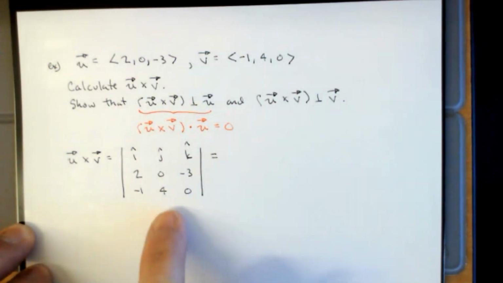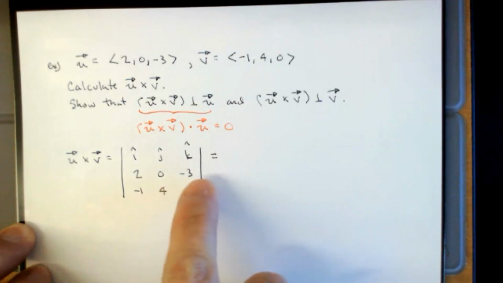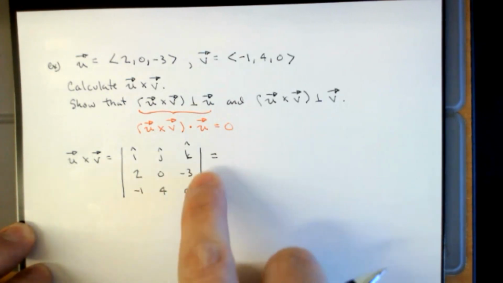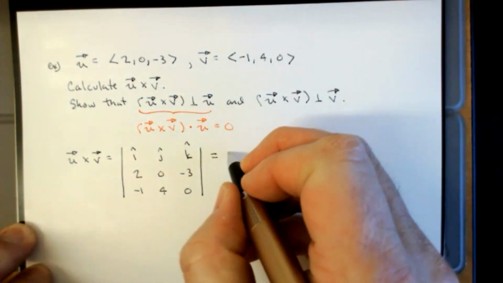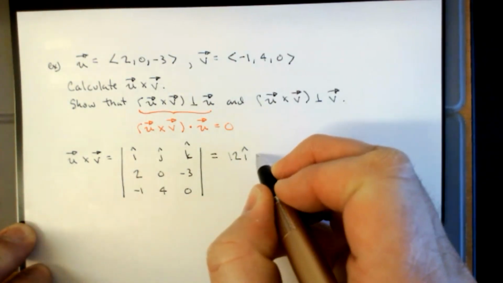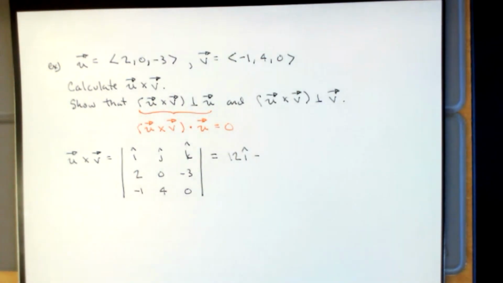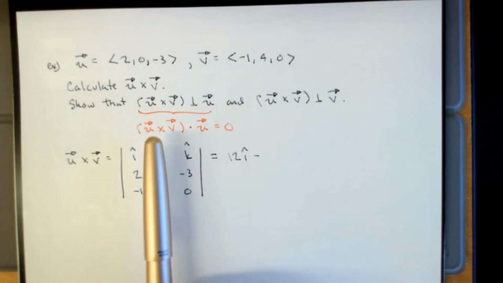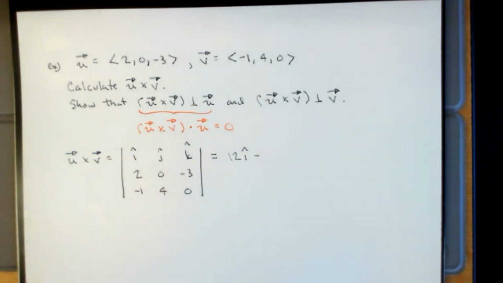my i component is going to be the determinant of 0, -3, 4, 0. So that's going to be 0 times 0 is 0 minus a -12. The next term is going to be the j, and that's going to be negative because of the determinant, the way I remember it. So I'm going to take out this middle one. 2 times 0 is 0 minus -3 times -1, which is +3.